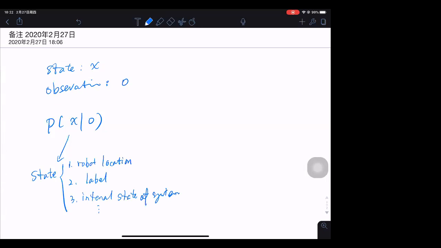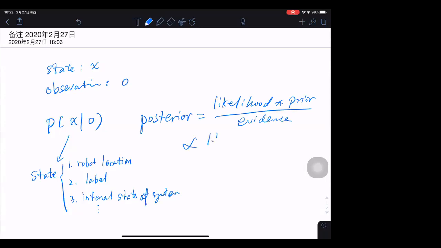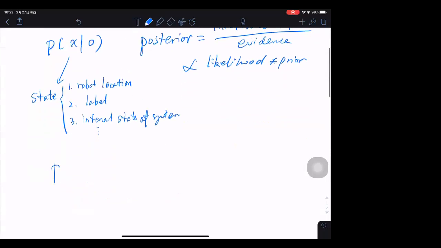The posterior will be the likelihood times the prior over the evidence, and it's proportional to the likelihood times the prior. If you look deep into the equation, you will find something more interesting.